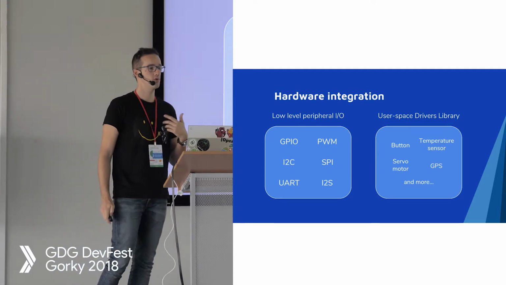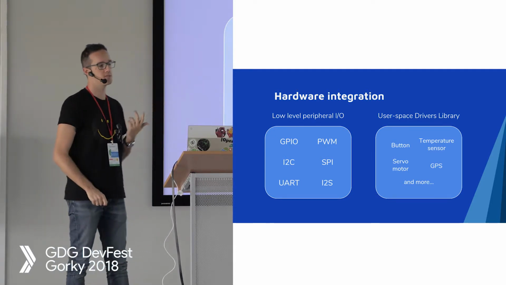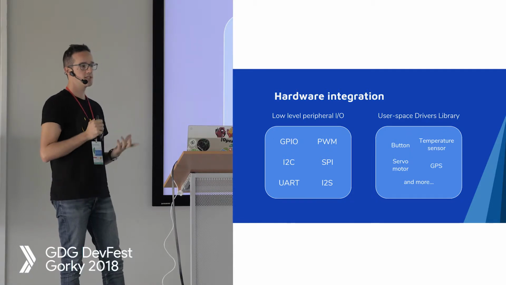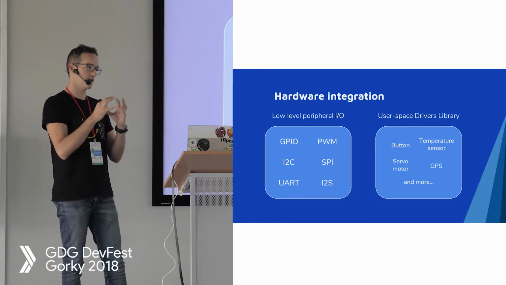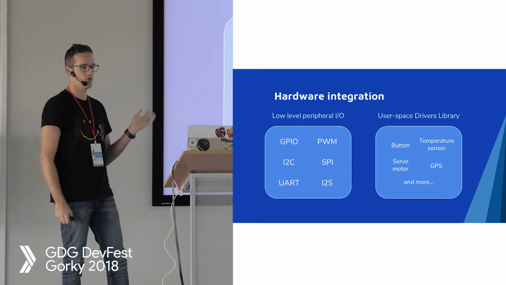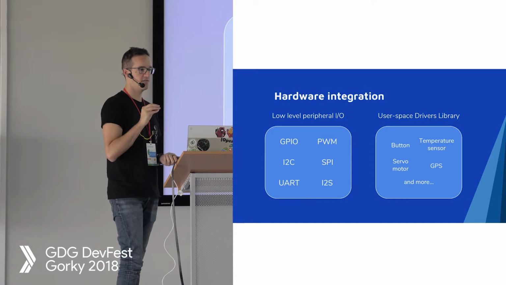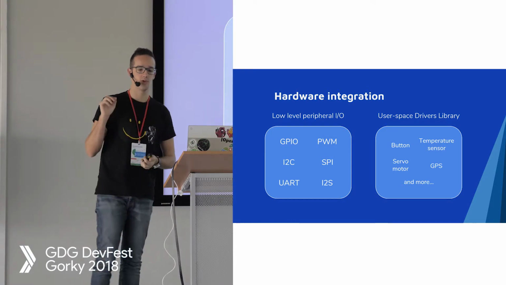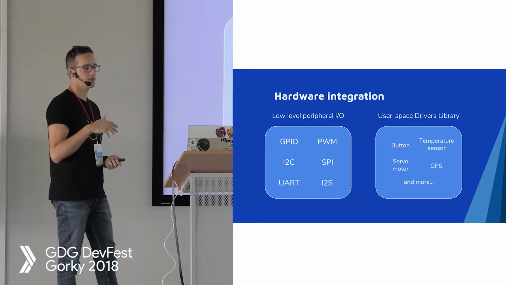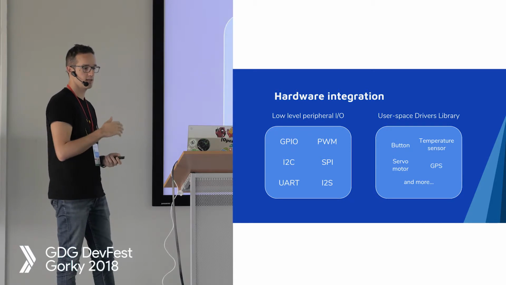Or you can access some user space drivers. These drivers are basically a wrapper around the low-level peripheral I/O, but they are dedicated to more specific things. For example, a button is going to use GPIO, which is the protocol behind it.